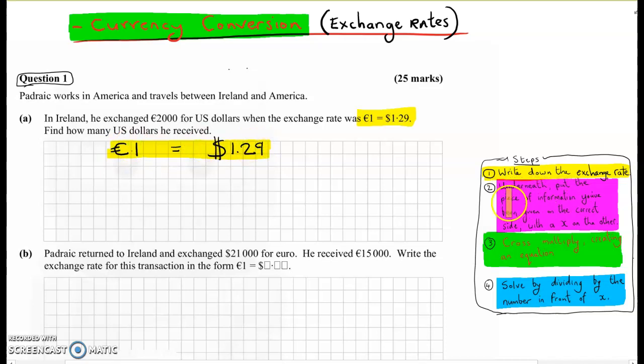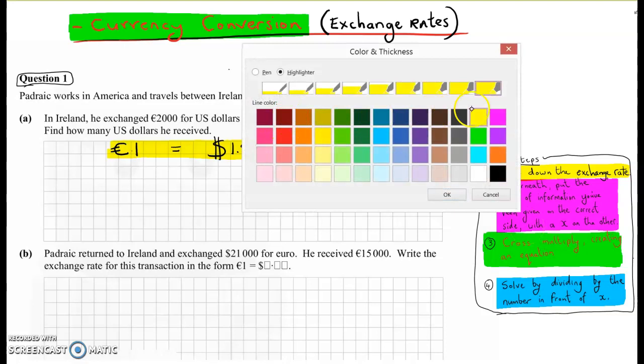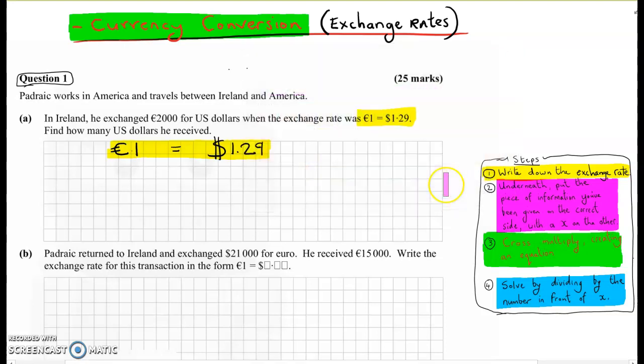That's step 1 done. Now step 2. Underneath, put the piece of information you've been given on the correct side, with an X on the other side. Okay, what piece of information have we been given? We've been told that he's got €2,000. So underneath, put the piece of information you've been given. So I need to put 2,000.